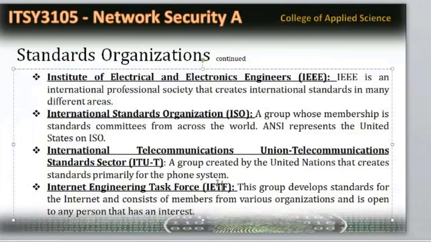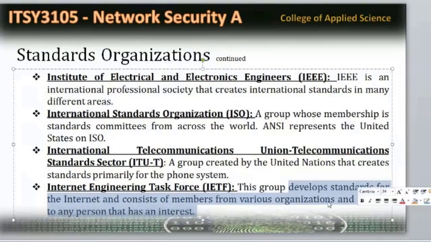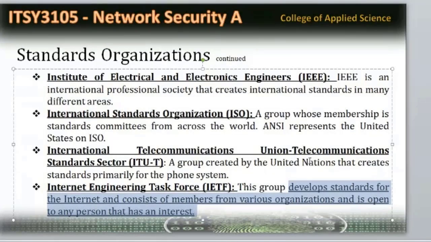This organization develops standards for the internet and consists of members of various organizations, open to any person who has the interest. They fix standards for internet-related things and internet-related protocols.